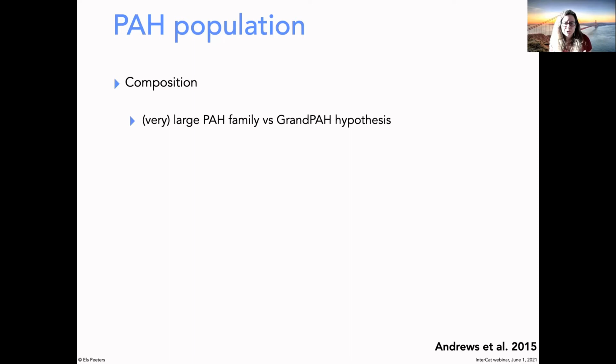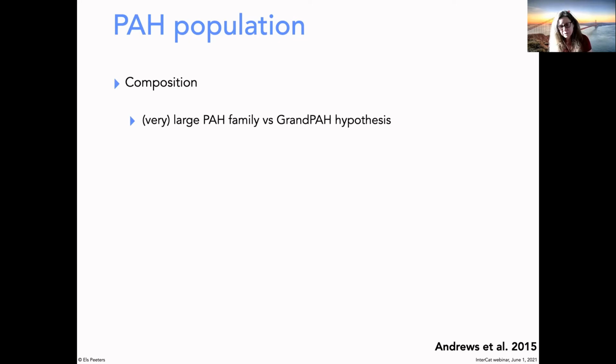At this point, it's still debated whether you are talking about many different molecules, millions or more, so a very large family of PAH molecules, or the alternative, survival of the fittest, which is referred to as the grandPAH hypothesis. Either one could be true. We don't know at this point. But it's important to realize that we're talking about more than a single molecule.